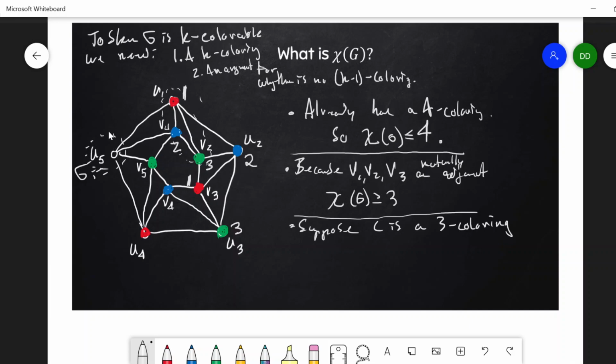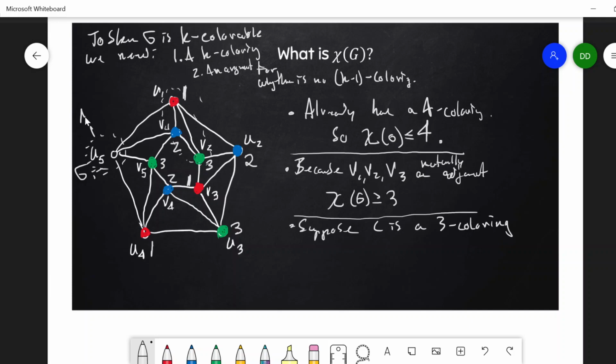And so that means no matter what coloring we're given, we would always end up in a case like this if we tried to color it. We would have U5. Sorry, I stopped writing numbers somewhere through this. 2, 3, 1. It's adjacent to a 1, a 3, and a 2. And so we can't color U5 anything.